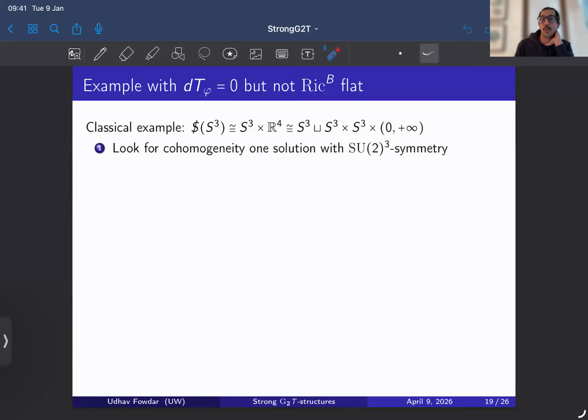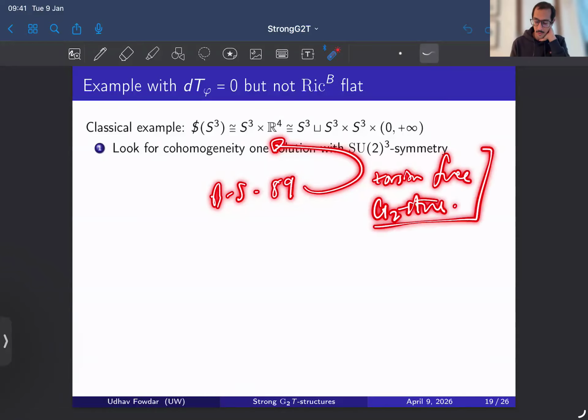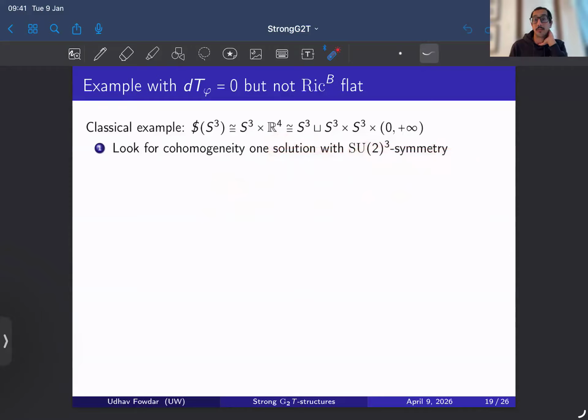This is one of the original examples considered by Bryant and Salamon. Back in, I think, '89, they proved that on this space there exists a torsion-free G2 structure. So our natural ansatz was to try to look if on the same space you can have strong G2 structures with torsion, which are not torsion-free.